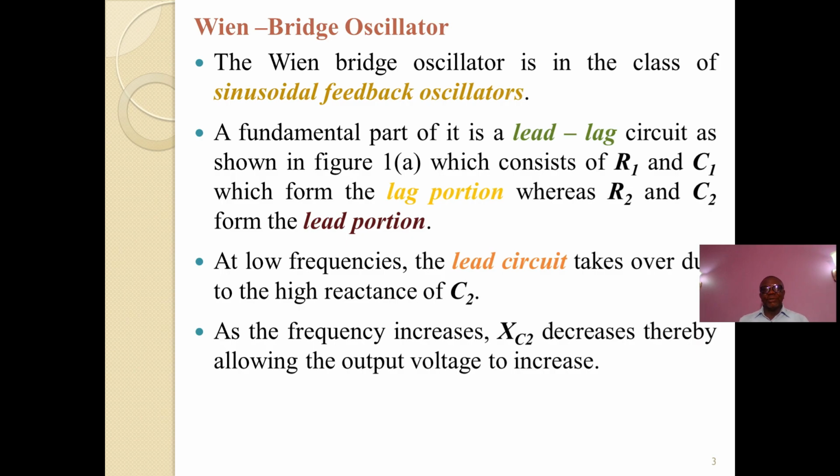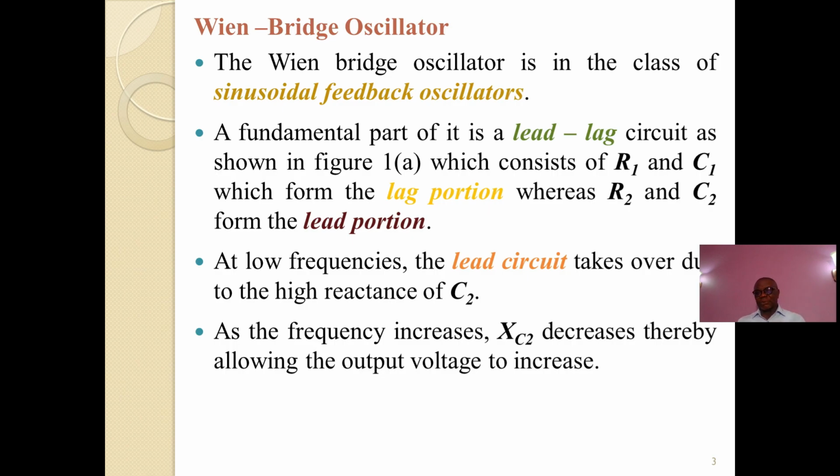So in this lecture, we will use the Wien bridge oscillator to bring out what happens when we make use of RC as our oscillating portion of the oscillator. We will go ahead to also look at the ones that use L and C, inductor and capacitor, to produce oscillation.